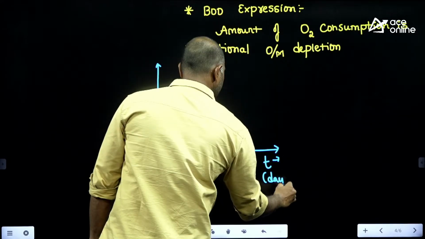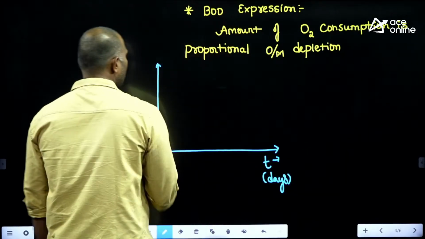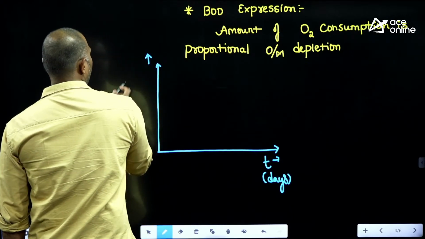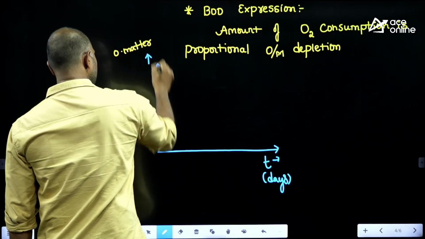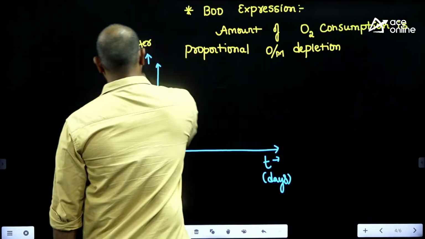So, we generally take the time in terms of days on the x-axis, and on the y-axis we take organic matter, which is nothing but nutrients, right?